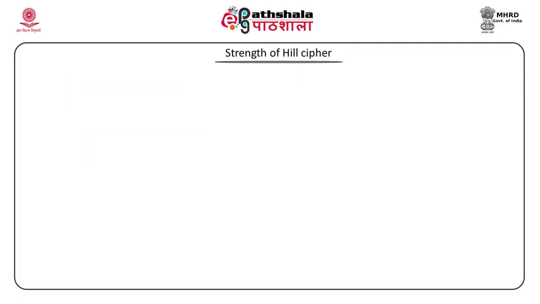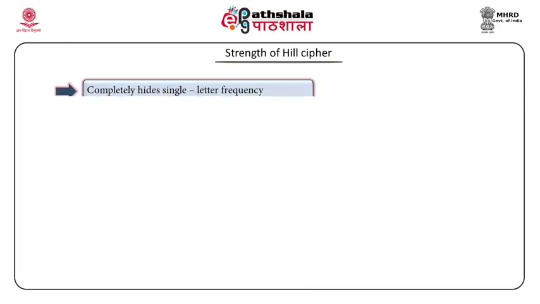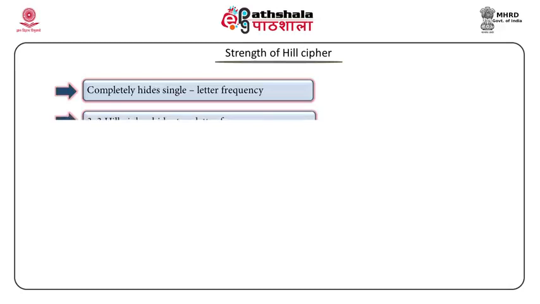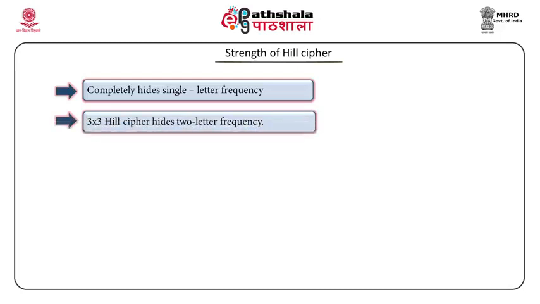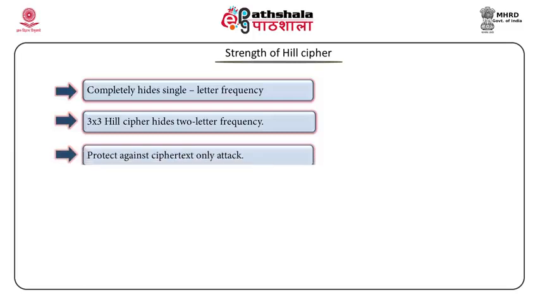Is Hill cipher secure? Hill cipher completely hides the single letter frequency. Why? Because we worked in a group of 3 letters or 2 letters depending on the key, whether it is a 3 by 3 key or a 2 by 2 key. With 3 by 3, Hill cipher hides 2 letter frequency, and it protects against ciphertext only attack.